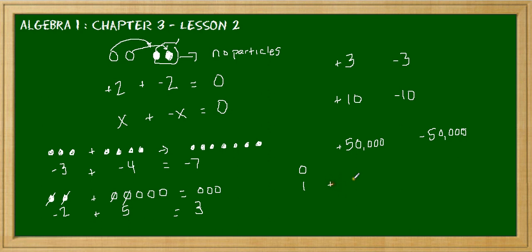Now, it may sound strange because we're adding positives and negatives together, but try to really focus on the simple illustrations that we're using in the simple example. So we have 6 negative.